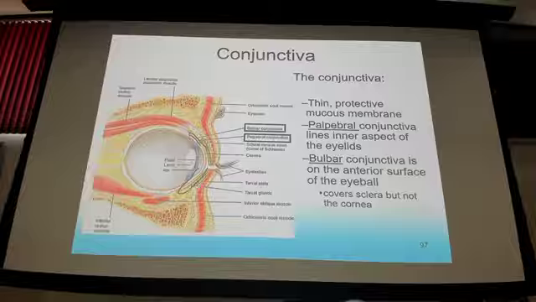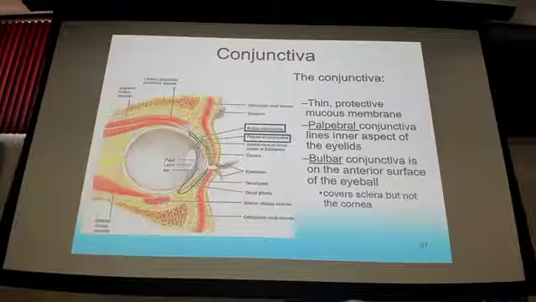But my pupil and my iris, the colored portion of your eye, the conjunctiva doesn't cover that. So the conjunctiva that's covering the actual whites of my eyes that you can see is called the bulbar conjunctiva. And what's lining the inside of my eyelids is the palpebral conjunctiva. And they're one continuous structure that connects.